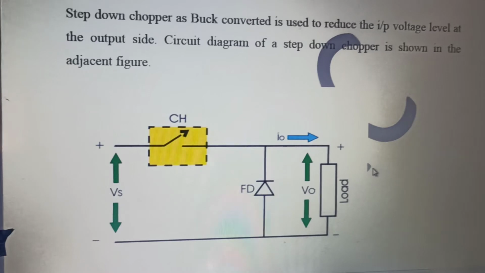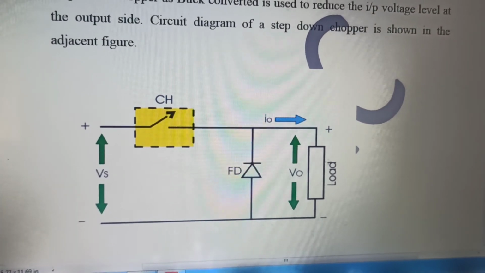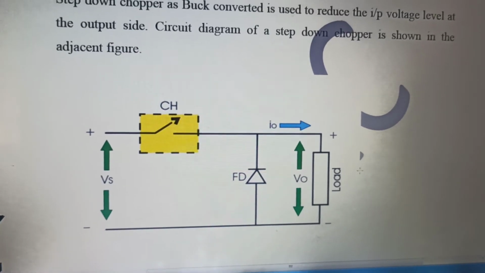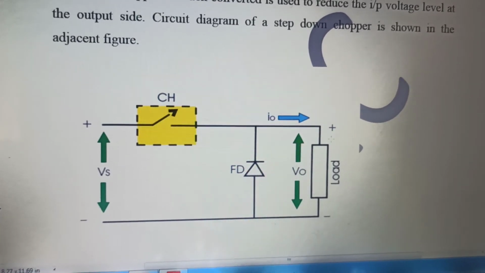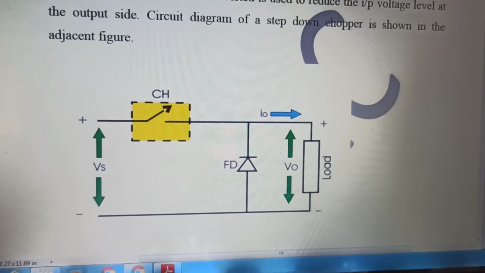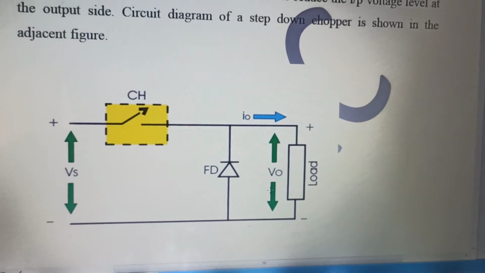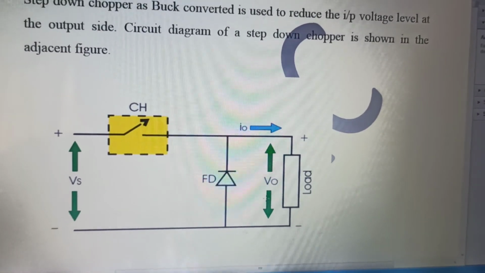And the harmonic component of current will get bypassed by this capacitor. This capacitor will bypass the harmonic component of current. I think this is quite clear.